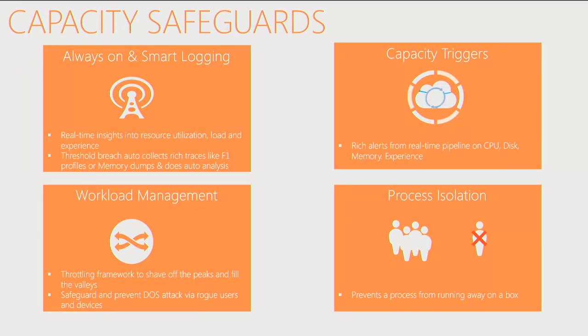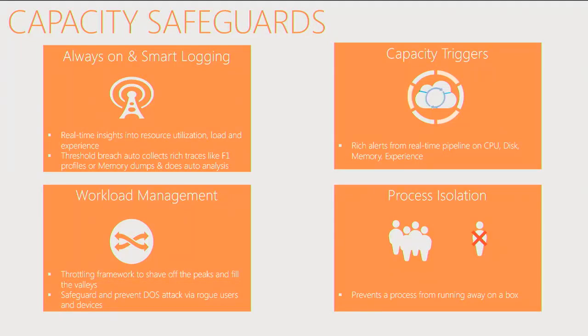As you see in Exchange 2013, we have a large number of processes running on a single server role, especially a mailbox role. So how do we ensure that one process doesn't eat up all the resources on a box or a DAG and so on? So this framework basically establishes the caps on how much a single process can consume in terms of hardware resources on the box.